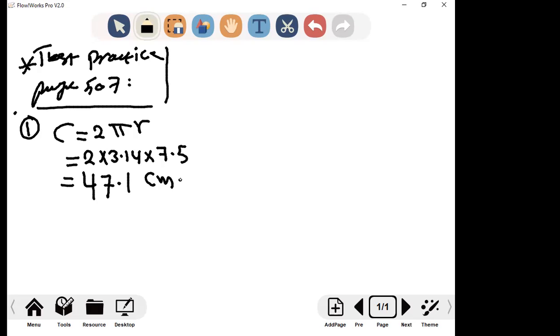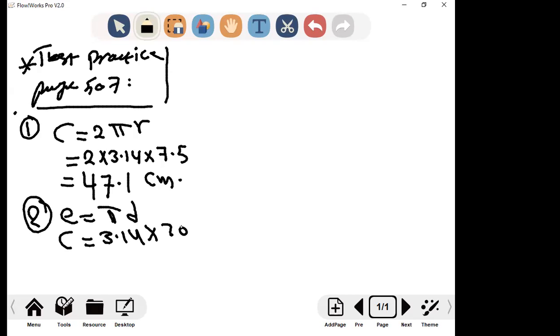So we'll use the circumference, but this time we'll use the second formula, the formula with D, right? Question 2. C equal pi D. C equal 3.14 multiply 20. 62.8, right? The unit is inches.